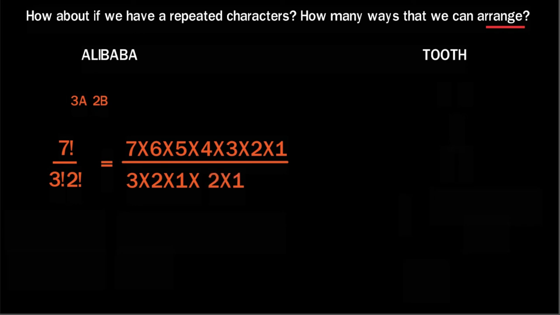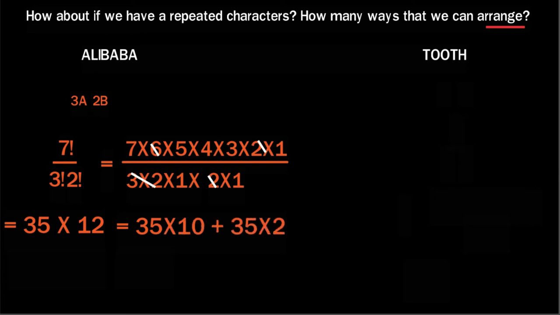As we can see, we cancel 3 multiplied with 2 with 6 and 2 with 2. So we will get 35 multiplied with 12. So 35 multiplied with 12 is 35 multiplied with 10 plus 35 multiplied with 2. We will get 350 plus 70, which is 420.